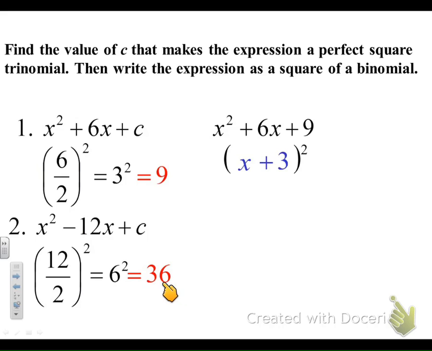I'm going to use that 36 and put it in c's position. And this can be rewritten as a binomial being squared, just like before. What multiplies to 36 and adds to give you negative 12? It would be negative 6 and negative 6. Or I could rewrite it as something being squared where I have x minus 6.